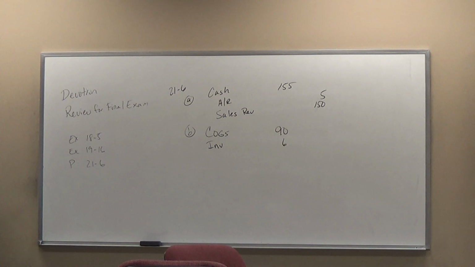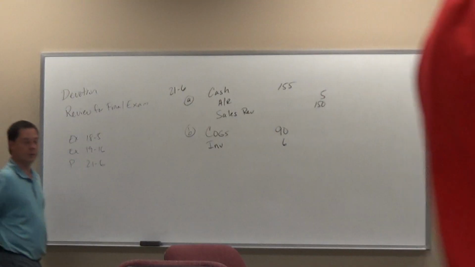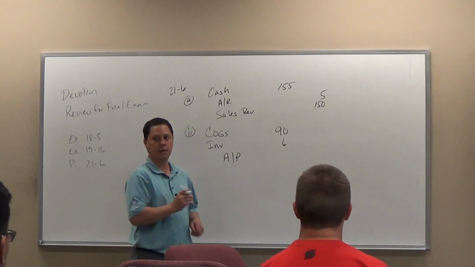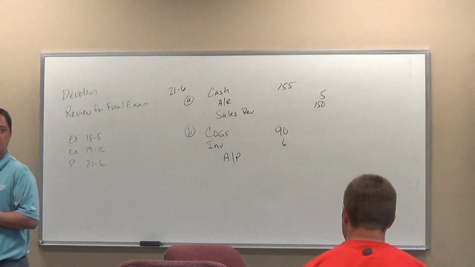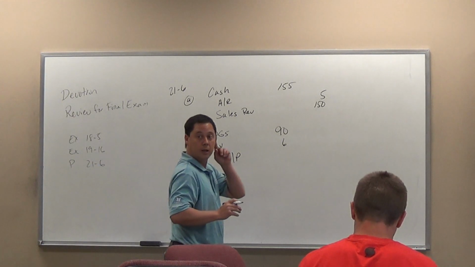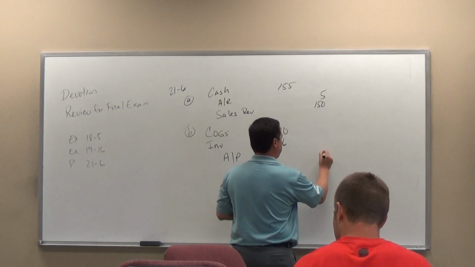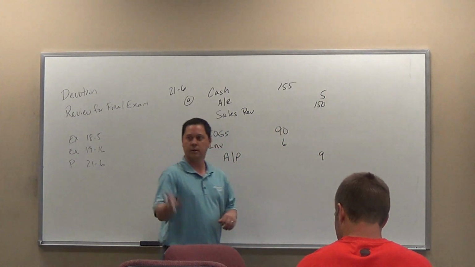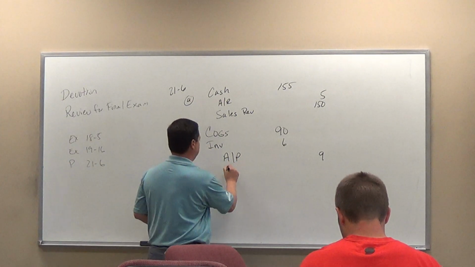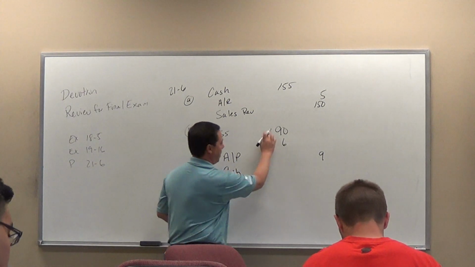So next thing is we have any accounts payable changes? Accounts payable? Increase. How much? 9. Decrease by 9? Increase. Increase by 9? Okay. So if it's an increase, we're going to credit it. Increase by 9. And then to figure out what our cash is, just figure all that stuff out. Make sure they balance.